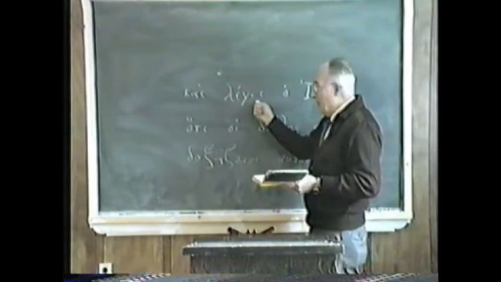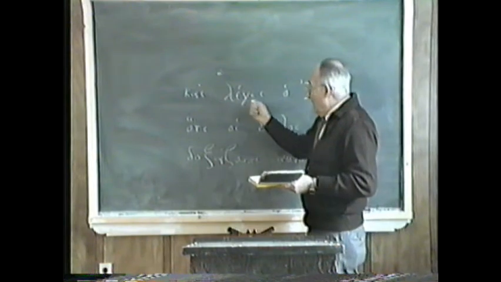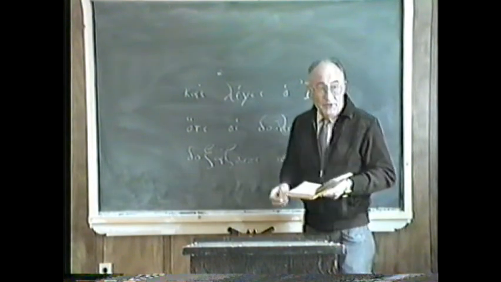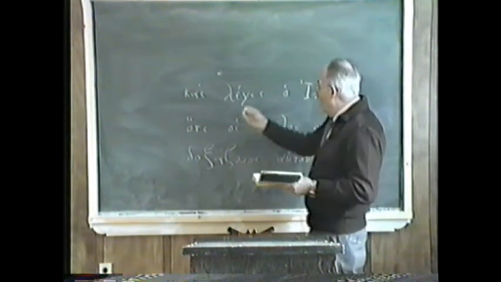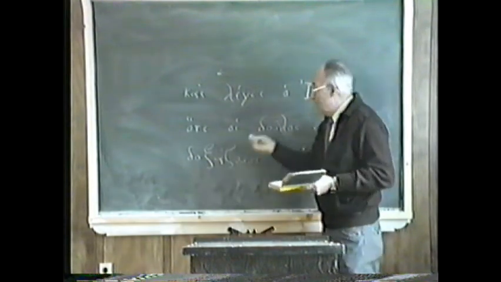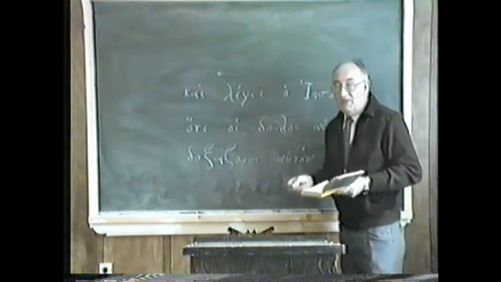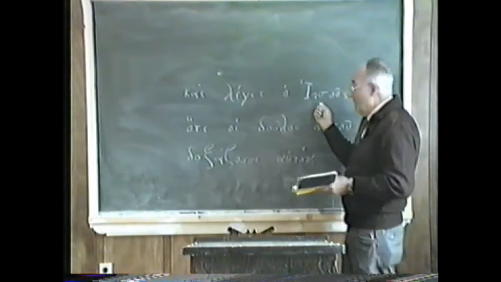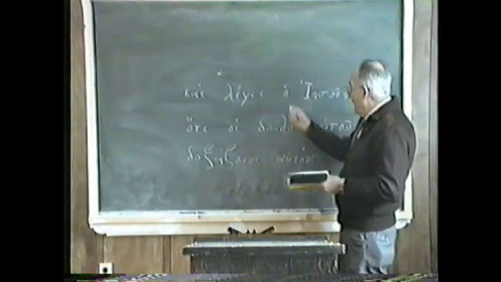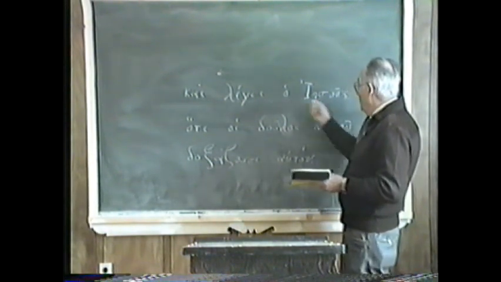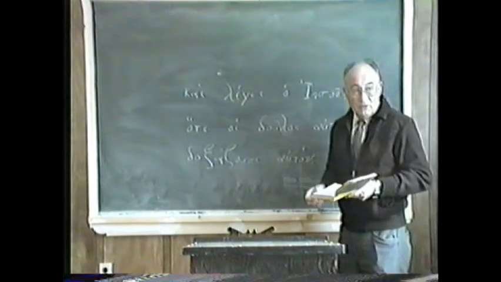So that means I've got the subject in the verb. So I look around in this particular sentence to see if I can find a noun in the nominative case. And sure enough, I find an article along with Jesus, don't I?